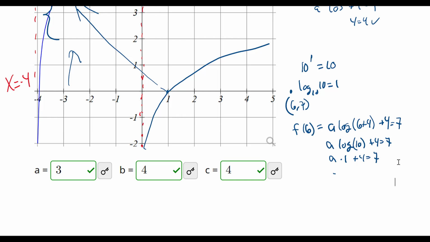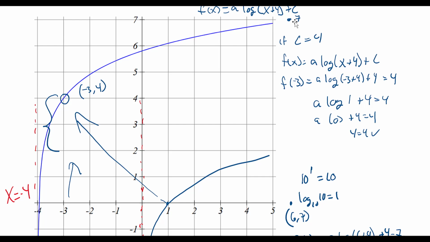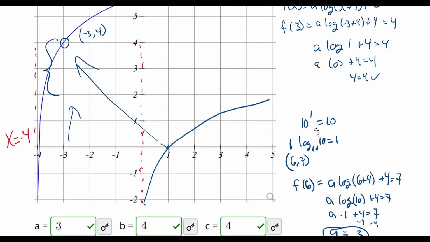So if we subtract the 4 from each side, a equals 3. Well, there we go. That must be how we're supposed to get it. I don't think this is really a fair one to do that with. That's where the person gets 3, because it's making a guess that whenever x is 6, y is 7. So some pretty big assumptions there.